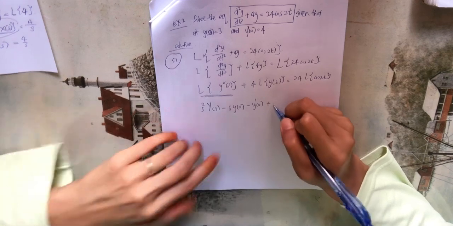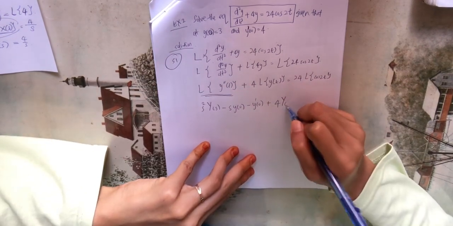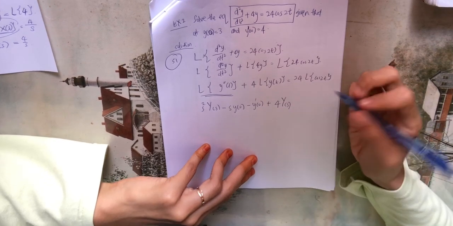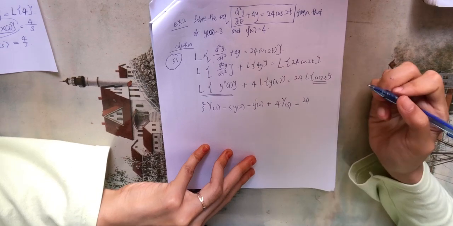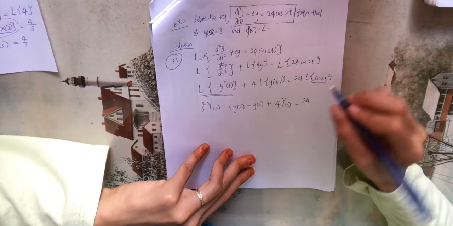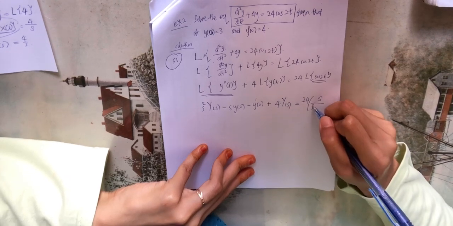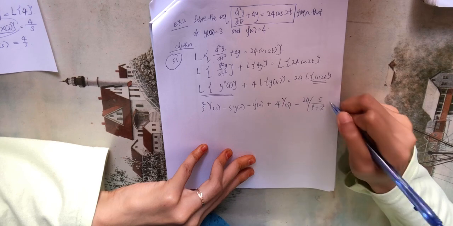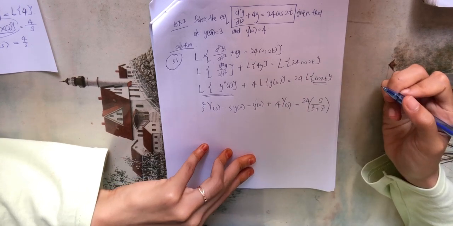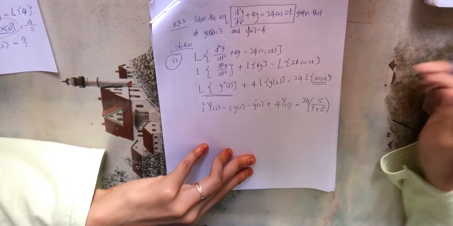Y, not F, not X, it's Y. And then plus 4, what is your y t? Your y t will become Y(s), and then equal to 24. What is your cos 2t? By using the table, the answer will be s over s square plus 2 square, or s square plus 4. So you have 24s over s square plus 4.